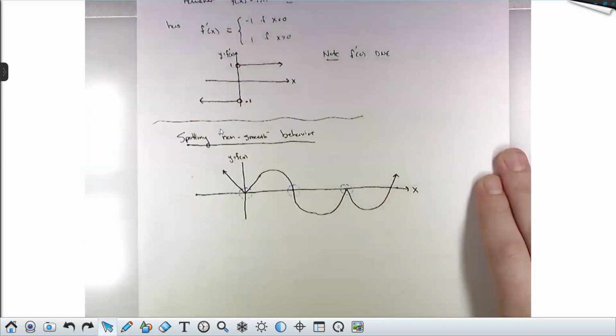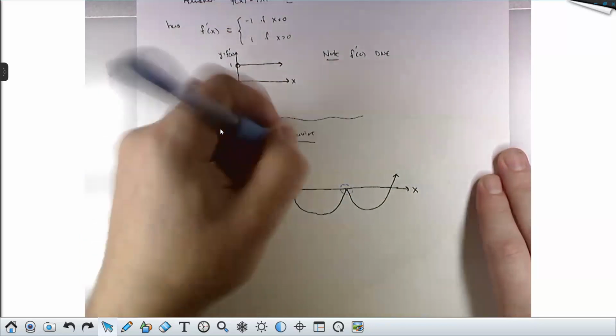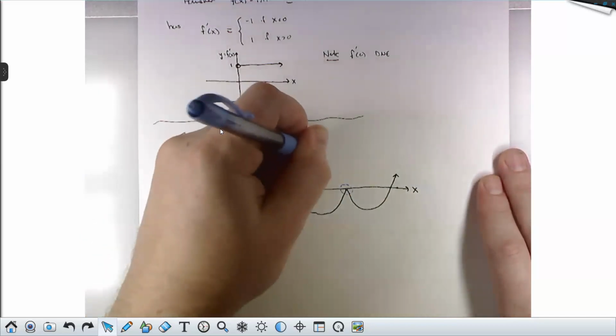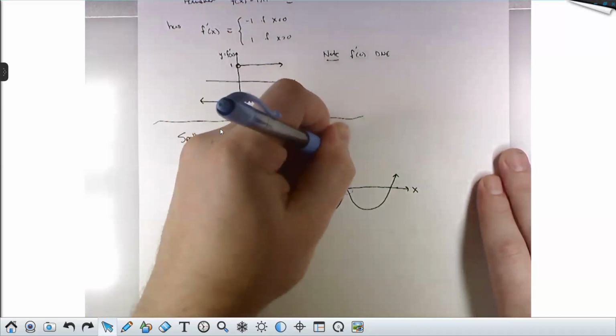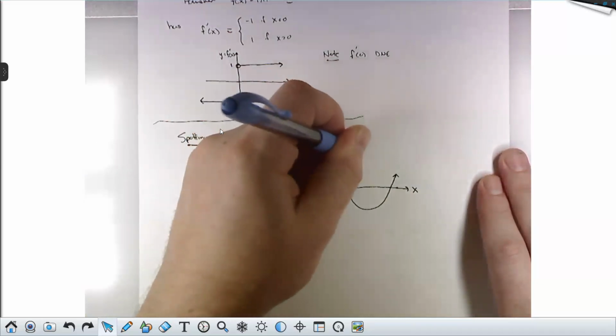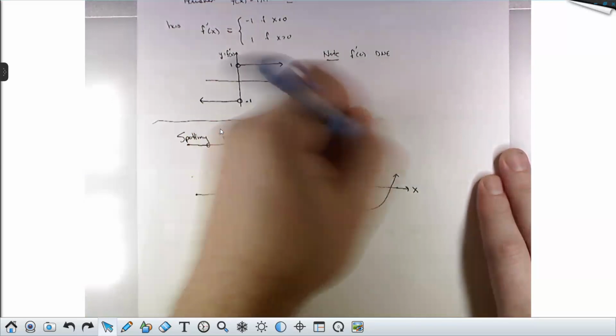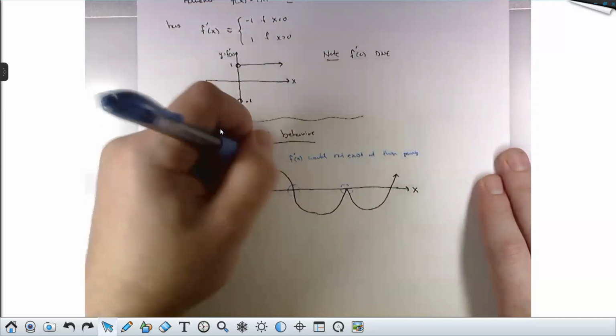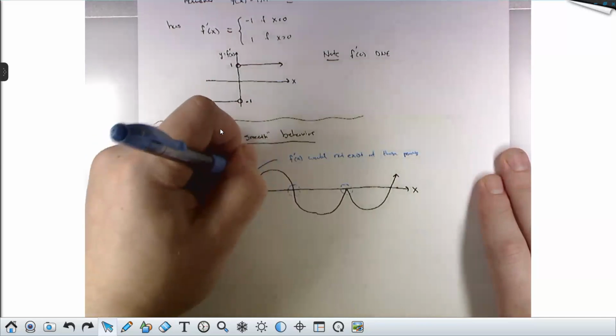Now that second one, I would have a little bit more to say on, but let's just take a second and say f prime of x would not exist at these points. All right.